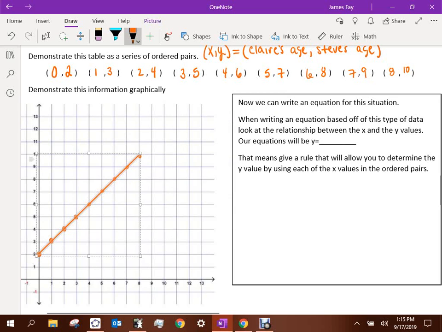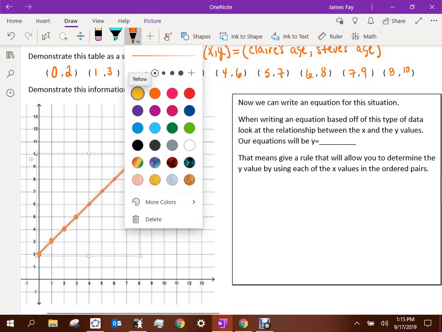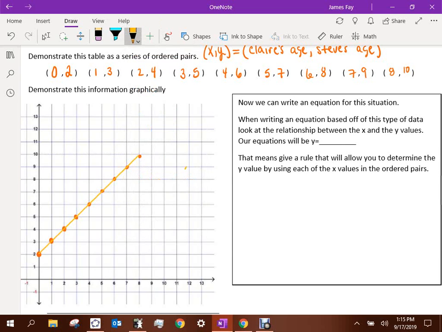Now, the benefit of that line, guys, is that we should be able to extend that forever. We should be able to keep drawing that beyond the points that I've graphed, right?